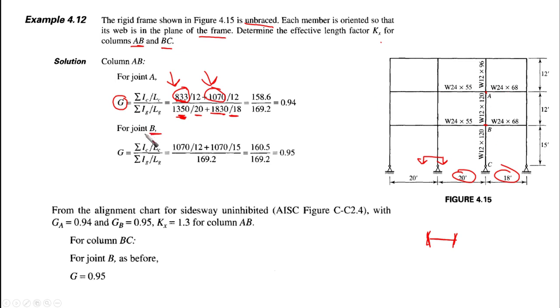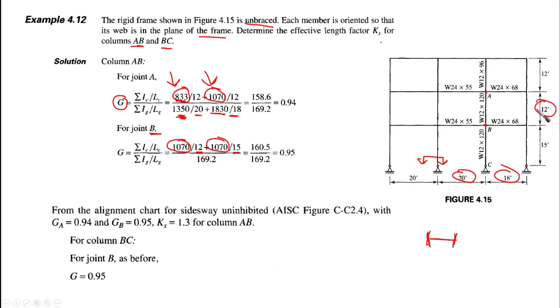For joint B, we are going to follow the same procedure. We know the inertias from the properties table, and then L column is going to be 12 and 15.